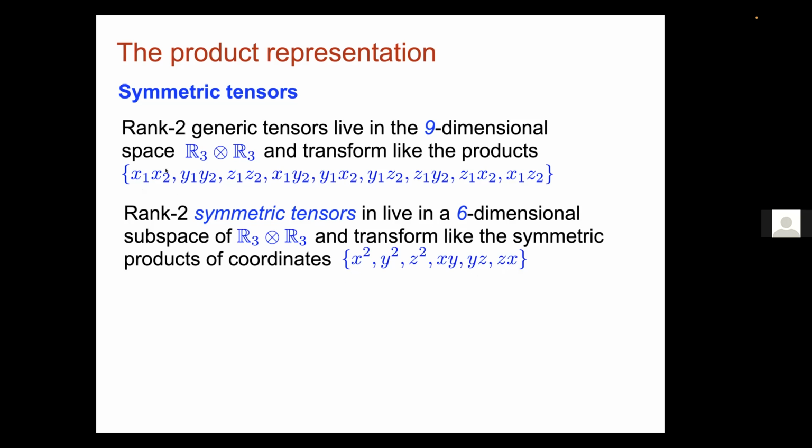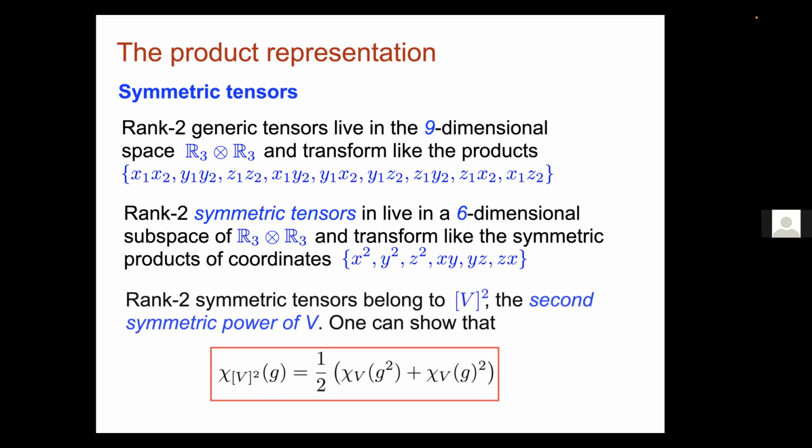So symmetric tensors transform like the symmetric products of coordinates, which are just this. Obviously xy is the same as yx. However, x1, y2 is not the same as y1, x2. These two things are different and correspond to non-symmetric tensors. xy equal to yx corresponds to symmetric tensors. So symmetric tensors live in a 6-dimensional subspace.